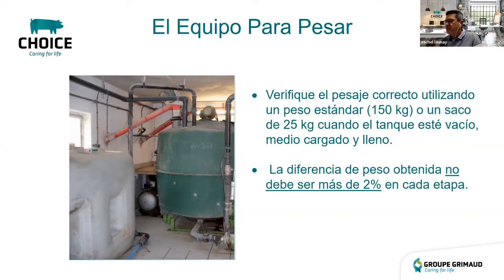Usually we recommend using 150 kilo. So that means, as there are 3 points of the weighing system, put 50 kilo on each point, to see if there is a good weighing system.